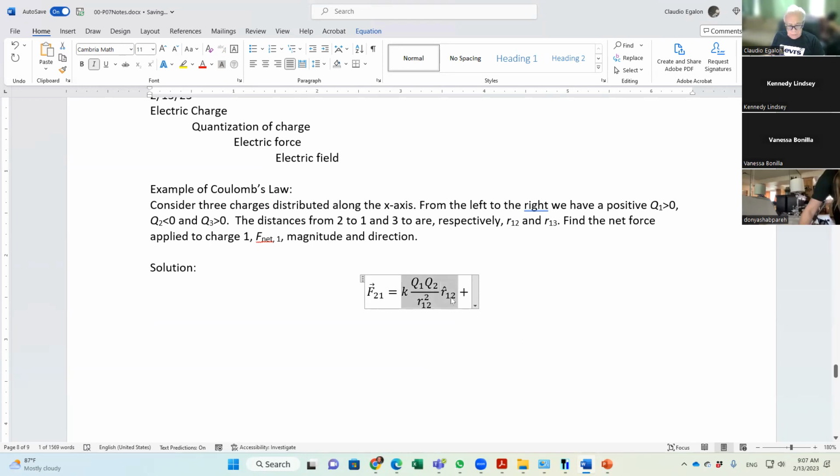The nice thing about the software is that I don't have to keep on typing everything from scratch, right? I can just copy and paste and change a little bit here and there. So that would be the first step in solving your problem.